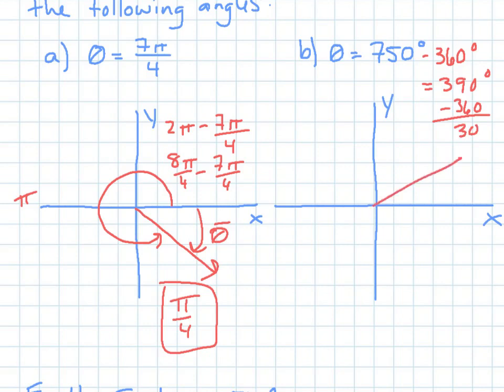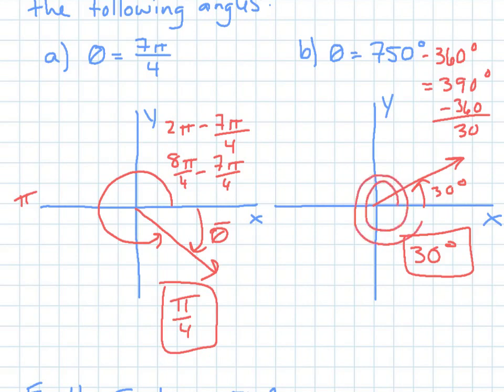Well, that one's easy because it lands in the first quadrant. So 30 degrees would be your answer, because in the first quadrant, the reference angle is the same as your regular angle. All it did was go around twice and then land there. We were just taking the 360 off so we could figure that out.